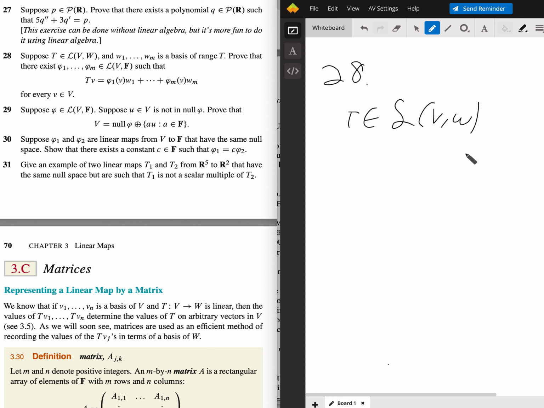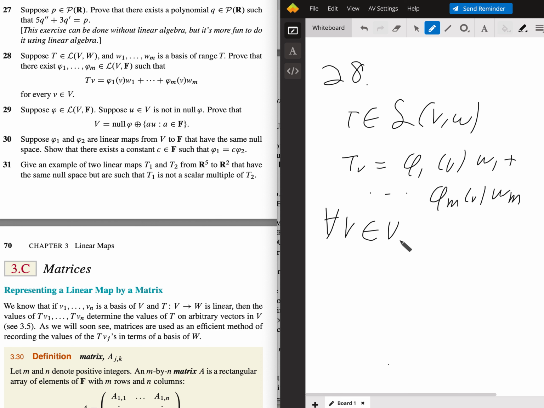T is a linear mapping from V to W, and prove that there exists phi of 1 through m such that something like this always works, right? And then since T of V lands in W, these phis are just coefficients.